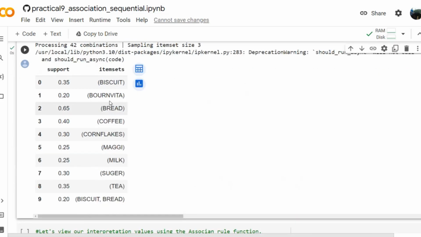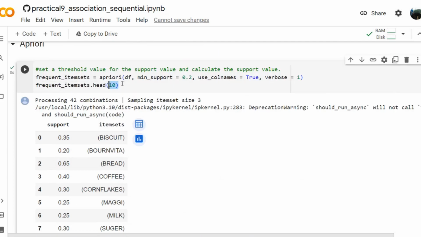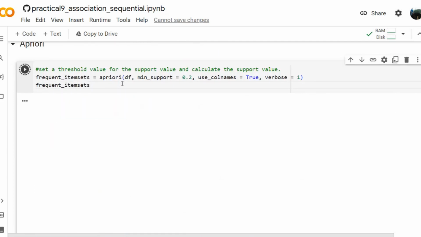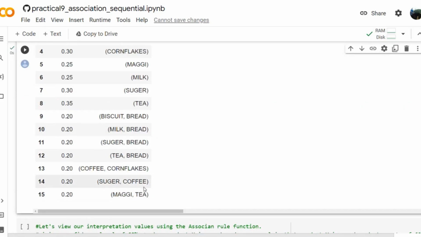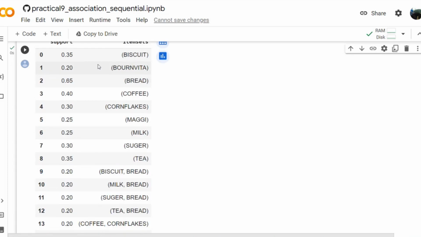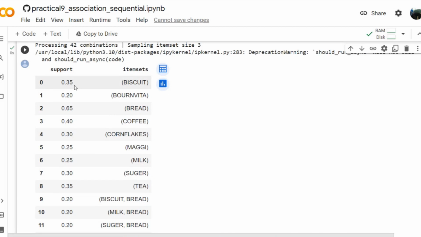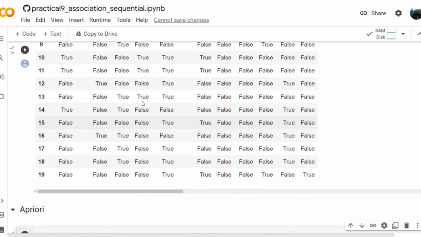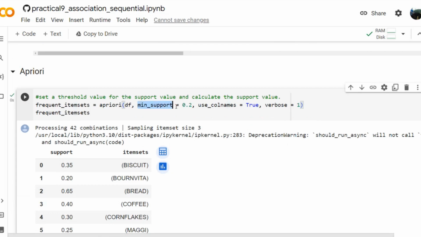We have frequent 1-item sets and also frequent 2-item sets. Here it's just showing the first 10. If you print out the full list, you also have the frequent 2-item sets. And notice the support for all the item sets fulfills the condition where the support is equal or greater to 0.2, the one that we specified in the minimum support argument.